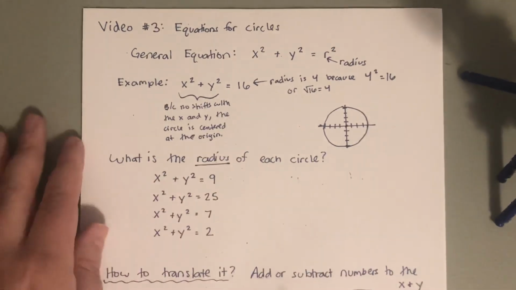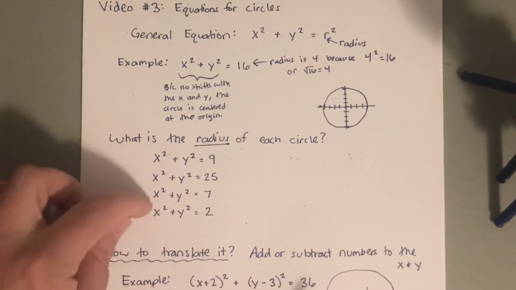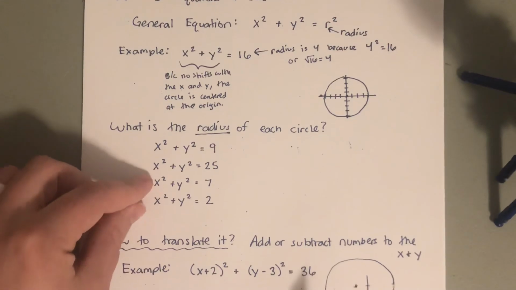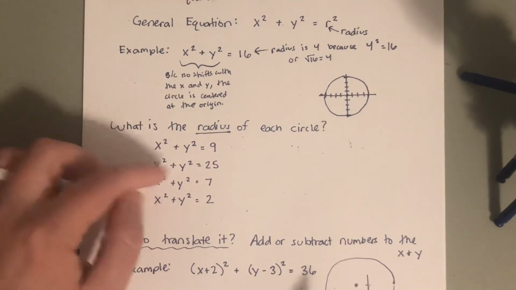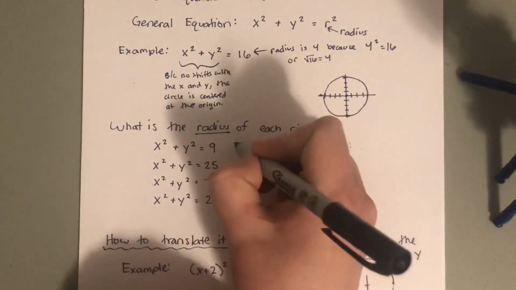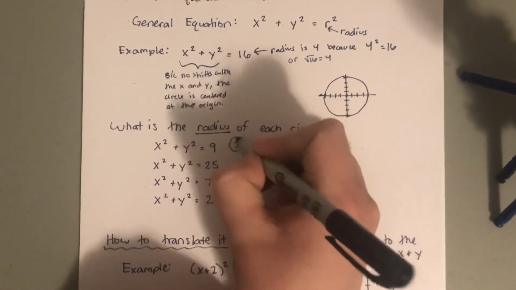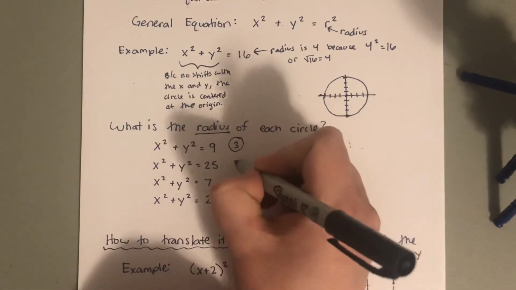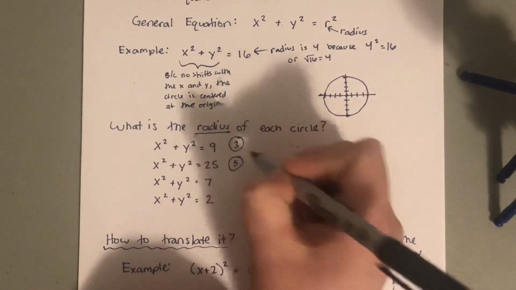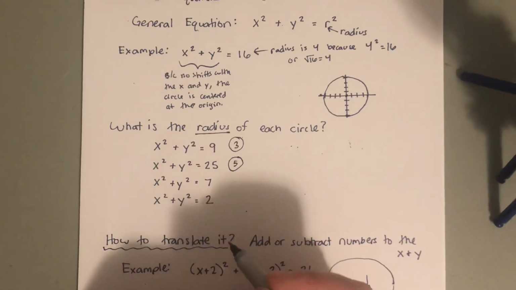If you were to graph this circle, it would look like that on the coordinate plane. So all 4 of these equations down here are examples of circles that are centered at the origin because there are no shifts. Here, the radius would be 3 because the square root of 9 is 3. Here, the radius would be 5 because the square root of 25 is 5.